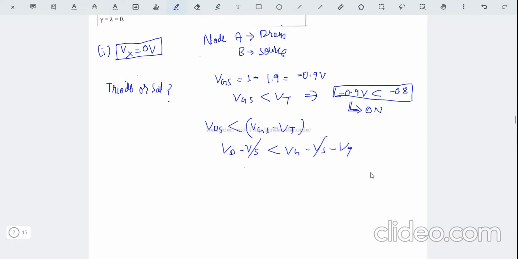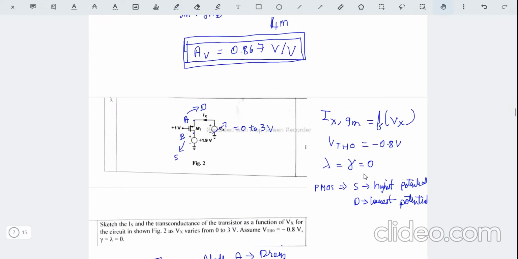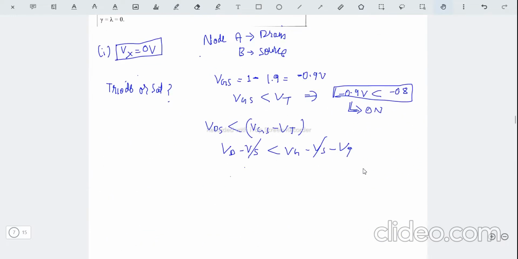So VD, the drain, is at 0 volts, and the gate is at 1 volt minus the threshold voltage of the PMOS, which is minus 0.8 volts. So 0 is less than 1.8 volts. This holds true. So the MOSFET is in saturation.